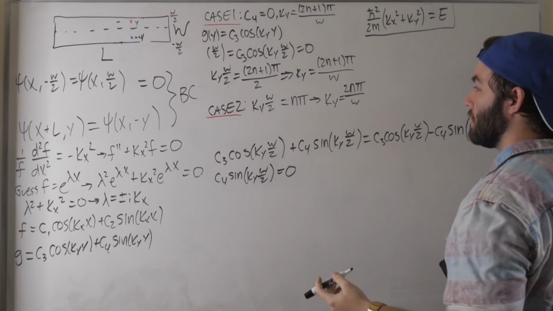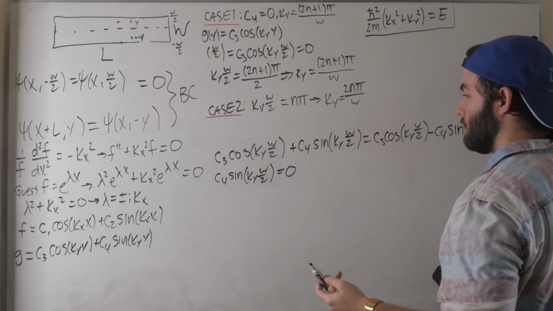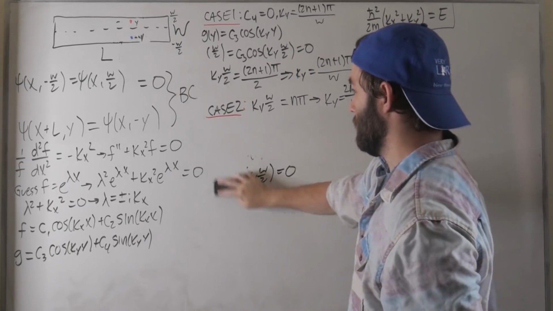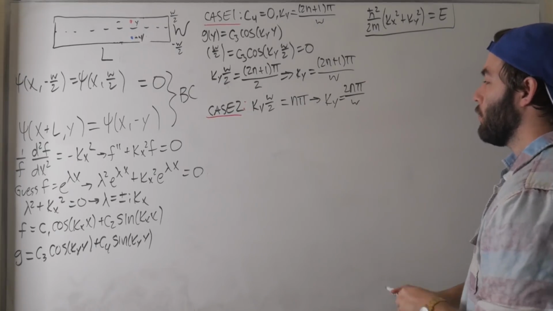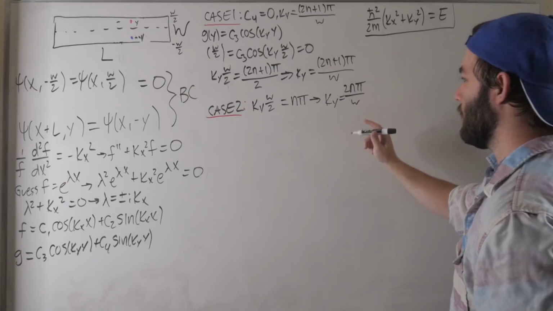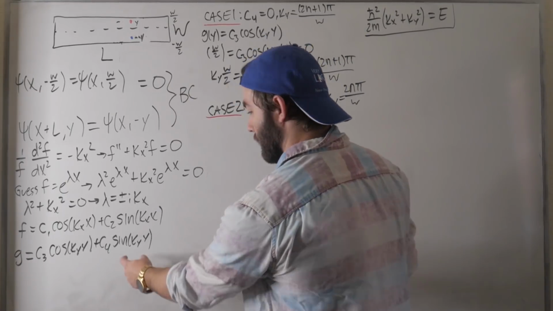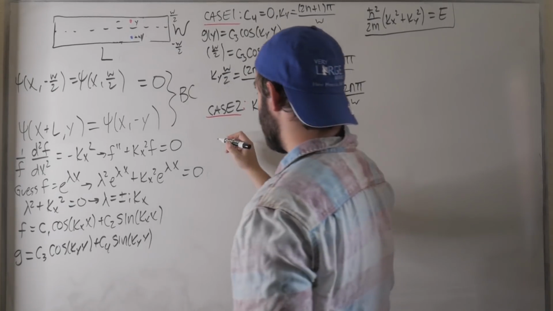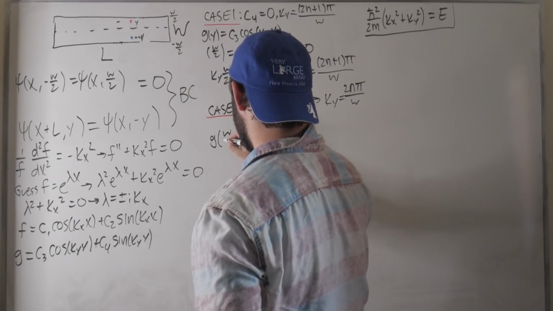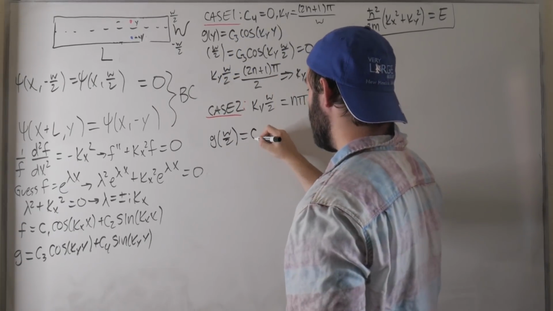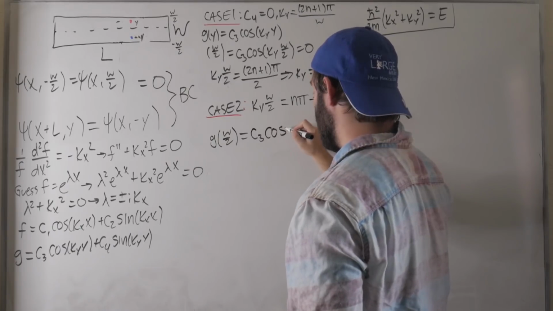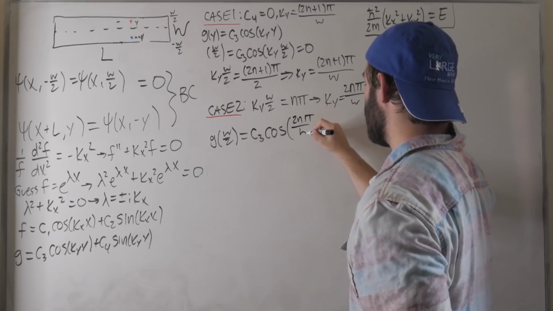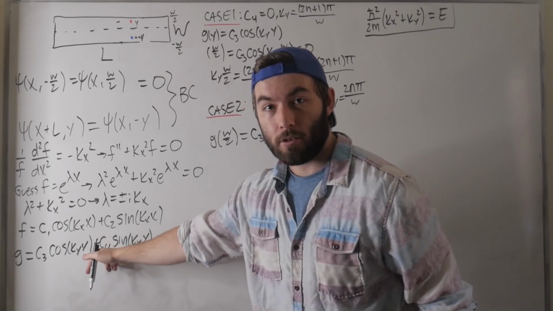So let's see what that does to, sorry, not C4, to the C3 term. So let's go ahead and erase this. Okay. So we know that for case 2, ky equals 2n pi over w. So at the boundaries, that term is going to be 0 because we just chose ky to do that. So g at w over 2 should equal c3 cosine ky, which is 2n pi over w, times y evaluated at the boundary, which is w over 2.